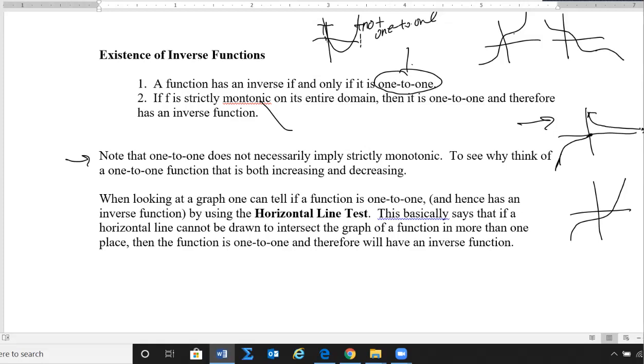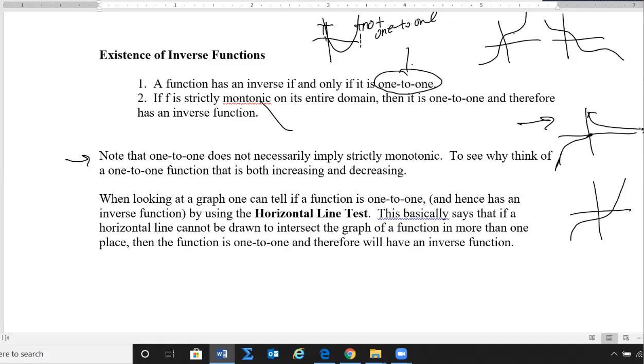And it's not monotonic. Okay, it's not strictly monotonic. So this is a weird situation, but this would still have an inverse.